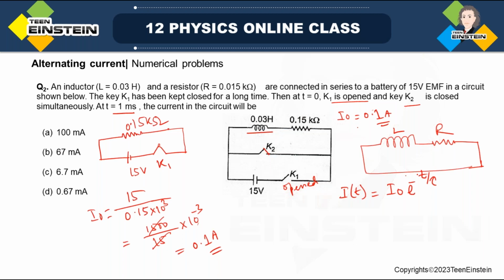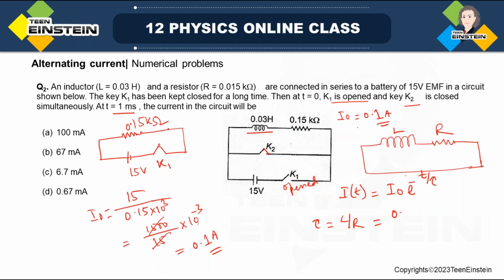That is the expression when the current is decaying. Where I0 is given here, and what is tau we have to find out. In case of an inductor, tau is L by R.